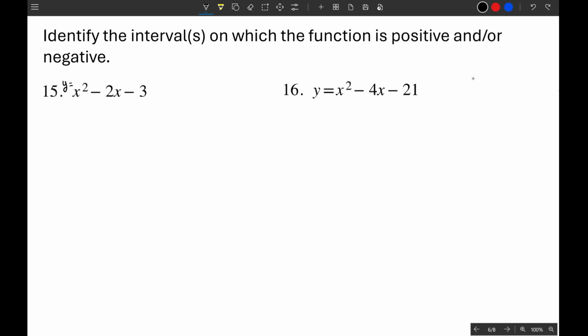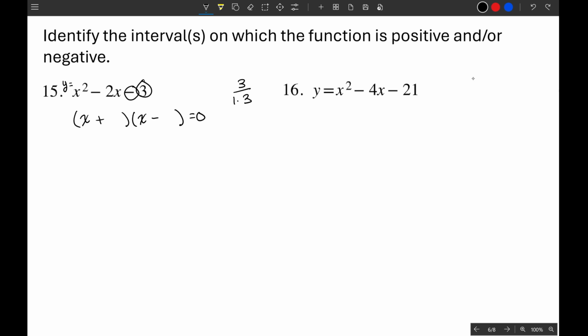All right, so I failed to put the little y equals in front of this, so we'll pretend I had it there. So we have y equals x squared minus 2x minus 3. Well, I need to factor this, and I'm going to set it equal to 0 because I'm going to be finding my zeros. So we will factor this and set it equal to 0. I have a minus in the back, so 1 positive and 1 negative, x and x, and I'm looking for two numbers that multiply to make 3.